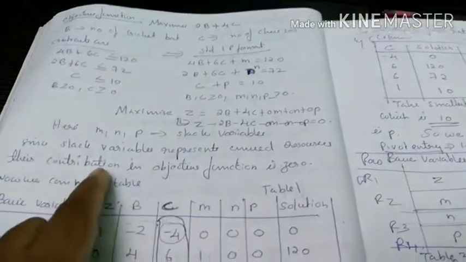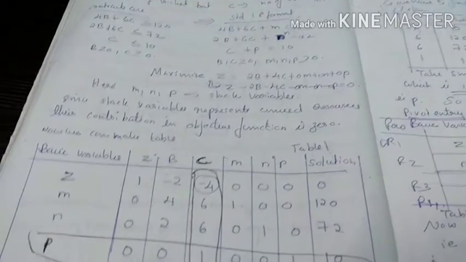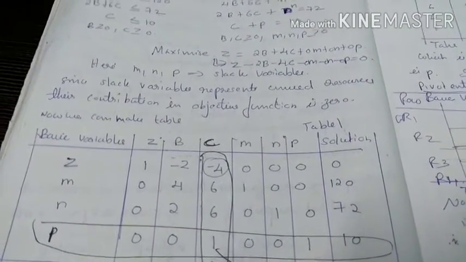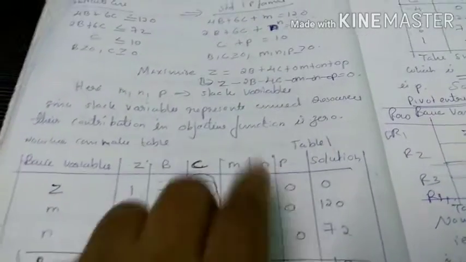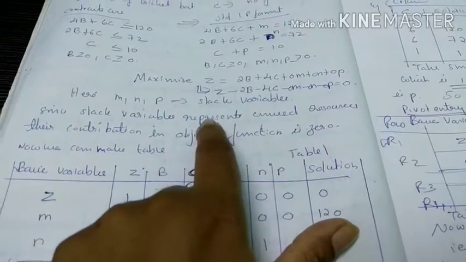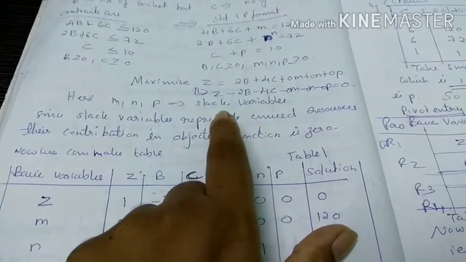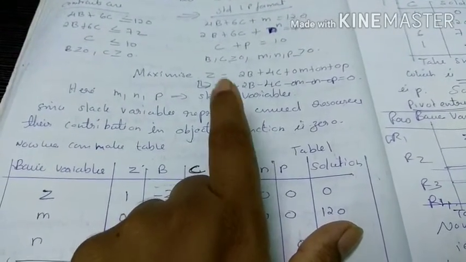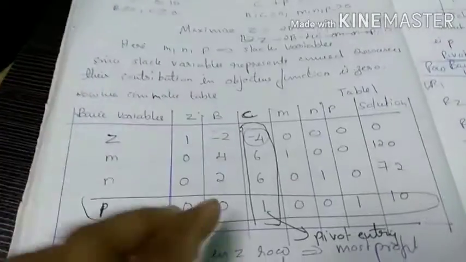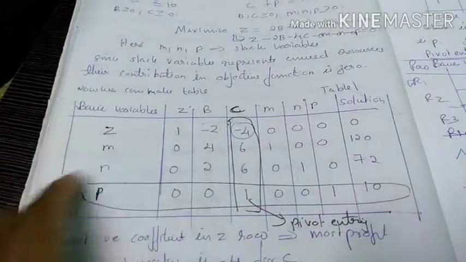Since slack variables represent unused resources, their contribution in the objective function is 0. That is, for manufacturing cricket bats and chess sets, these slack variables represent unused resources available. Now we have to make the table, and this is table 1. Here we have to write the basic variables.